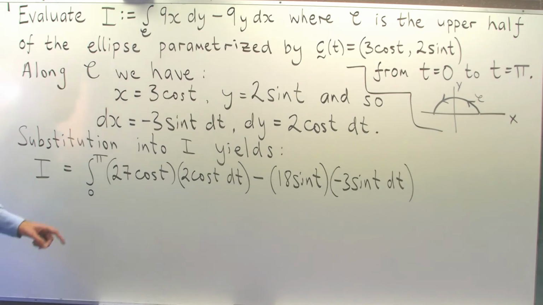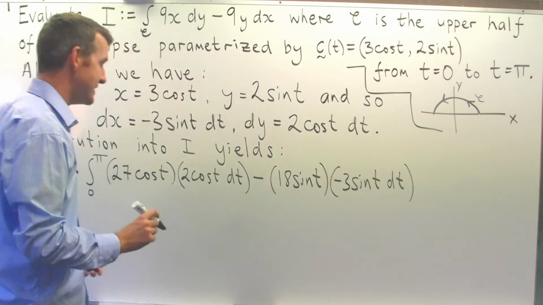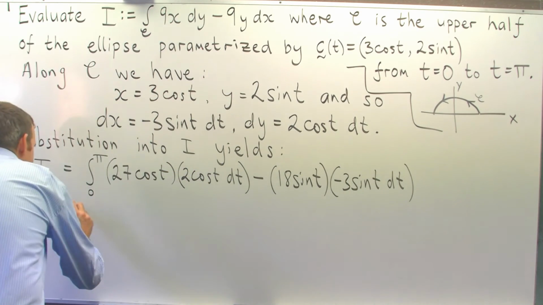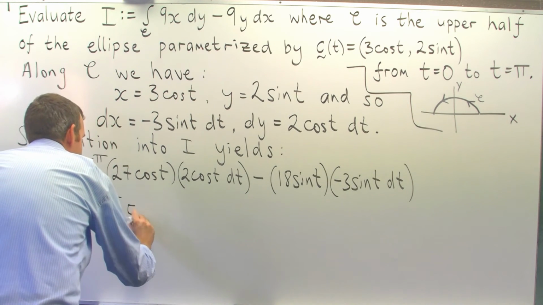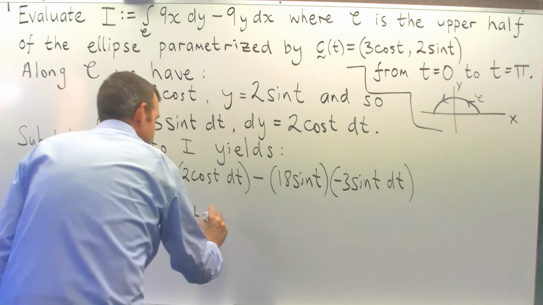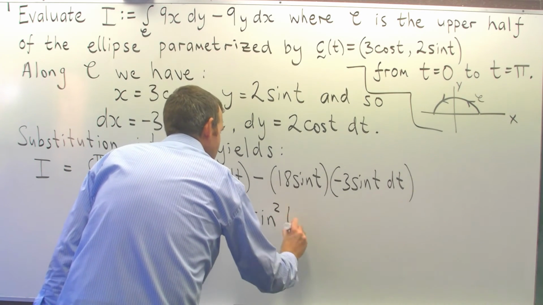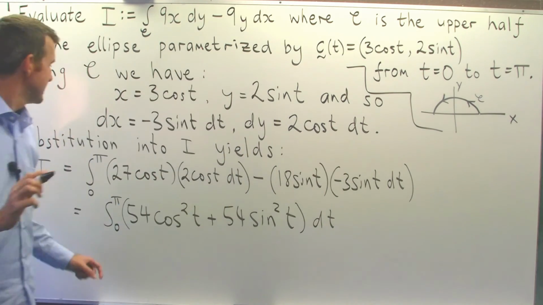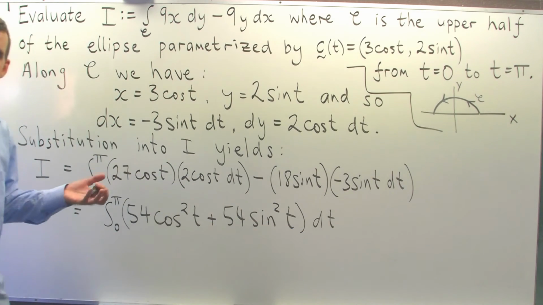Now we take the common dt's and place them out on the right-hand side, and if you look closely, we should get the following after cleaning up a bit. So now we've reduced our line integral I down to something that we can easily evaluate.